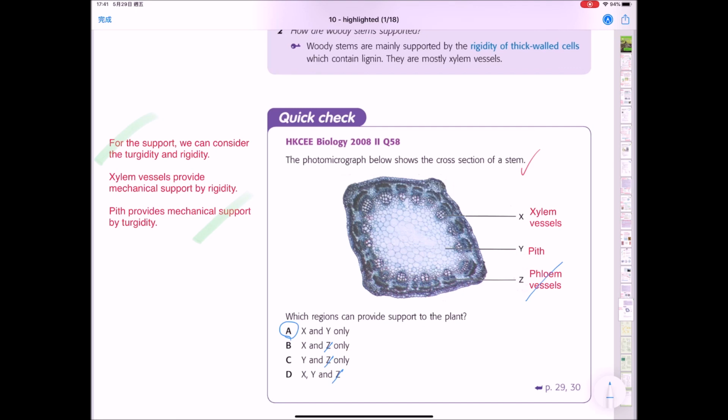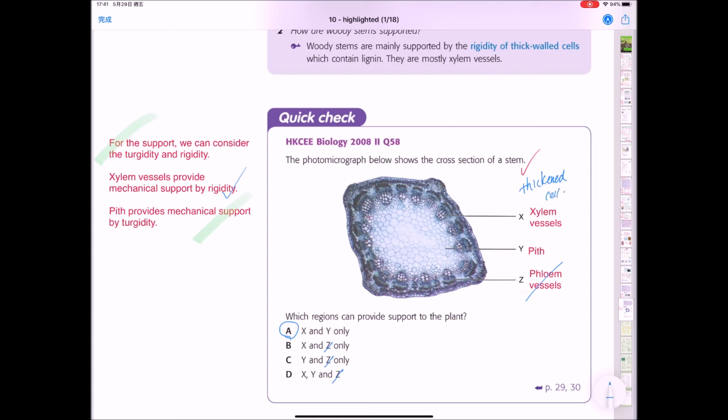So for X, xylem vessels, it can provide mechanical support by rigidity, because the xylem vessels have thickened cell walls. The cell wall is thickened, so that's why it can provide support by rigidity, because the cell wall is hard enough.